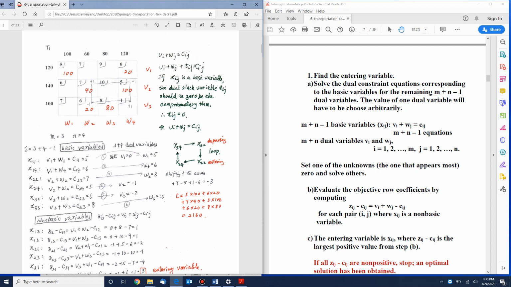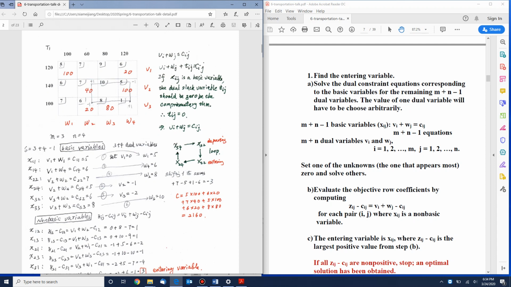So you can choose any of V1, V2, V3, W2, W4 to be 0 and then solve for the others. But here, normally I choose to set V1 equals 0.